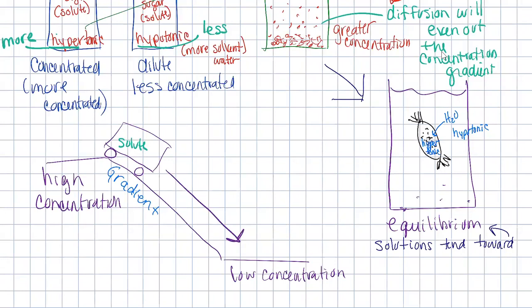Do you have questions? We're going to spend some more time tomorrow looking at that in a little more detail and figuring out what you might want to do in that lab next week, because you're going to choose what you want to put inside and what you want to put outside. And then you're going to see if what you thought would happen happens, what's going to move in, what's going to move out. We need to know a little bit more about the membrane first.